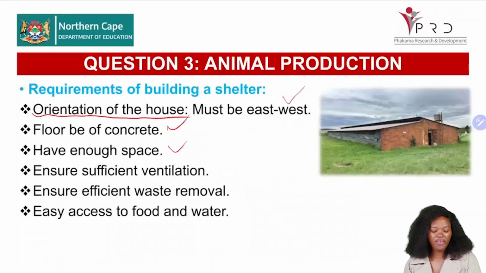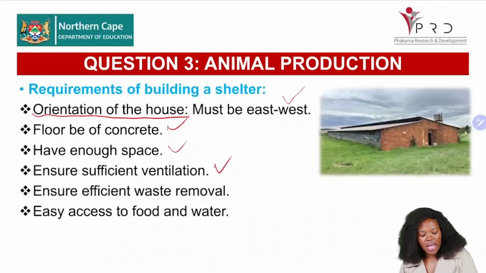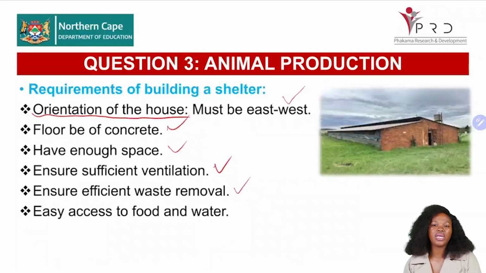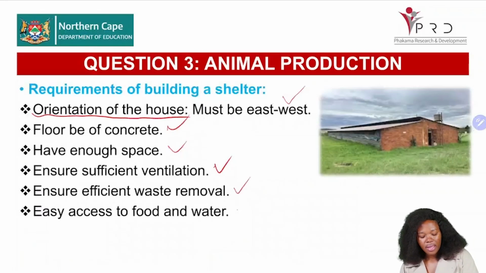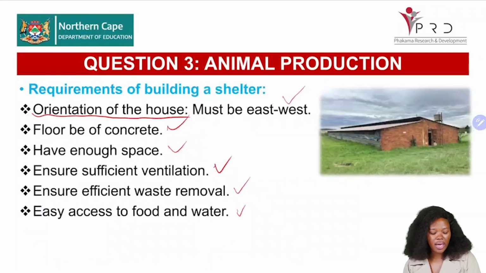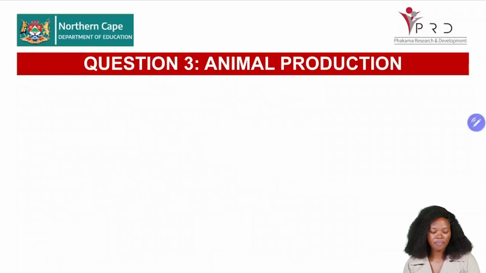The shelter must have enough space, ensure sufficient ventilation, ensure efficient waste removal, and provide access to food and water. These are the requirements of building a shelter, especially for chickens or broilers.